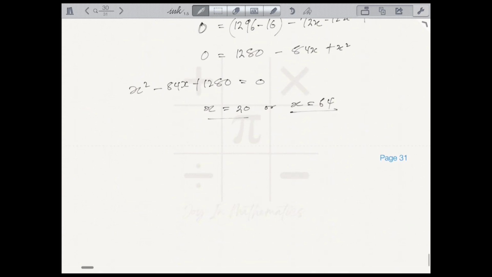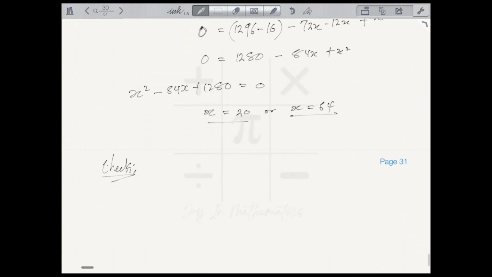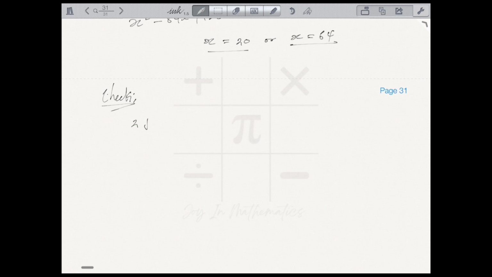Now we can also do a check on this. The question says 2 square root of 3x plus 4, plus x, is equal to 36. Let's check if x is equal to 20. So we have 2 root of 3 into 20 plus 4, plus 20, which should give us 36.